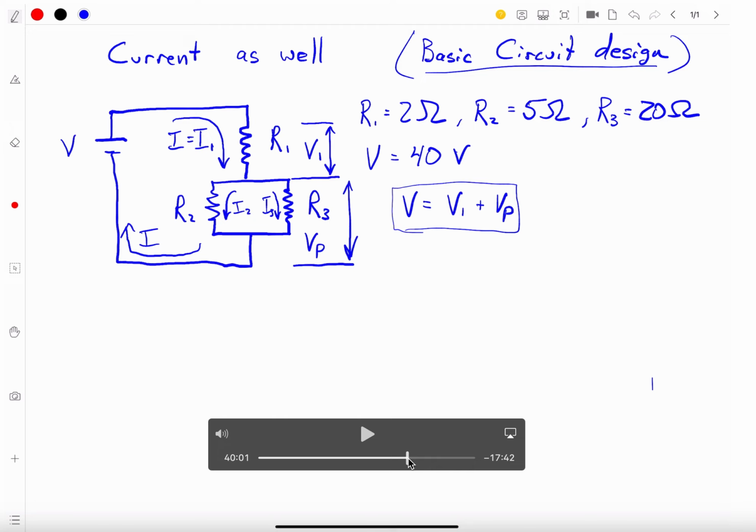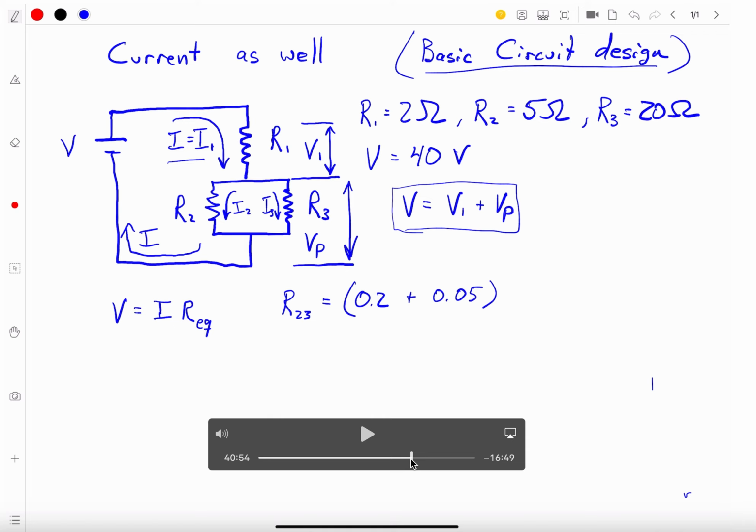We've got a parallel set of resistances, R2 and R3. And the goal here is to find out what I1 is, I2, and I3. Okay? So that's our goal.